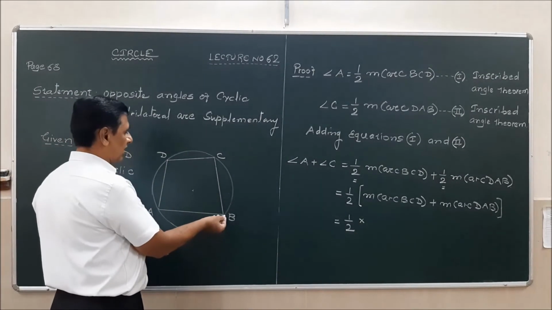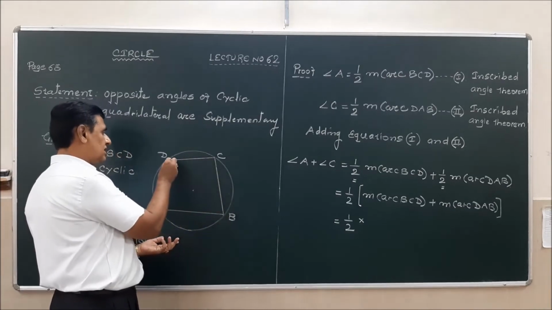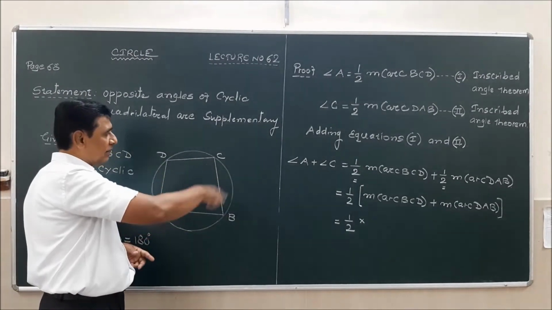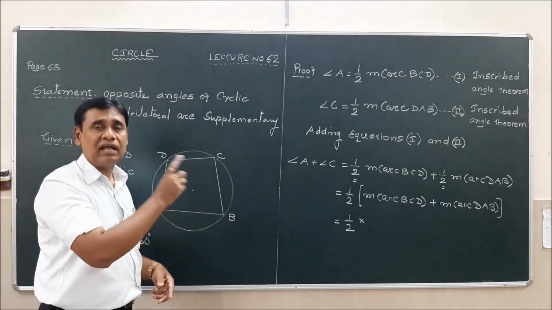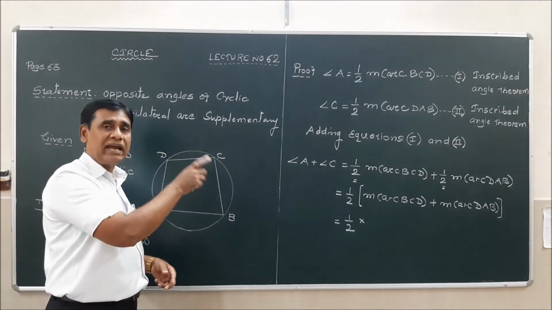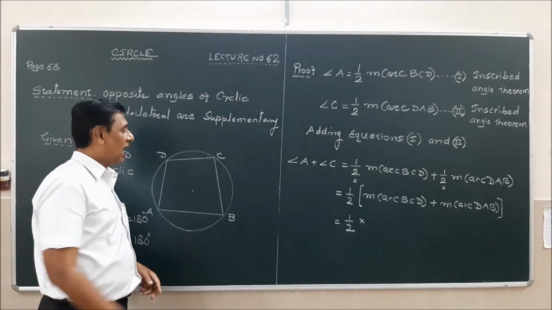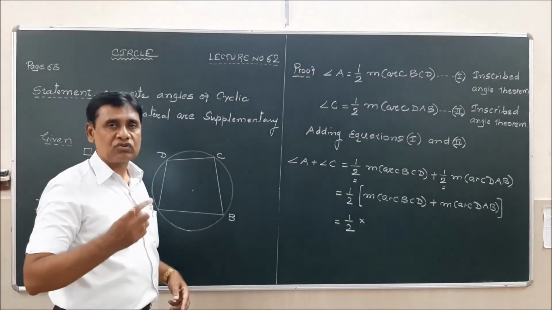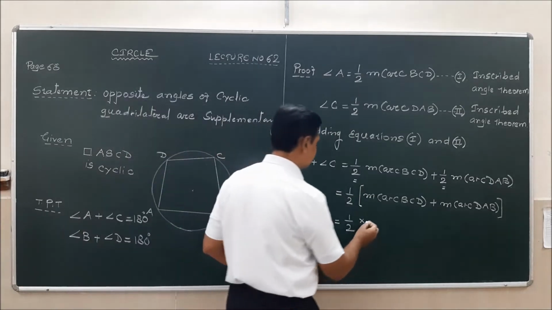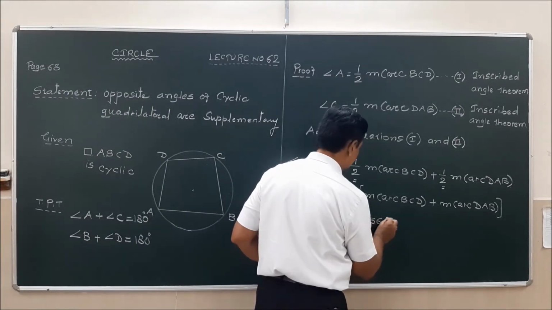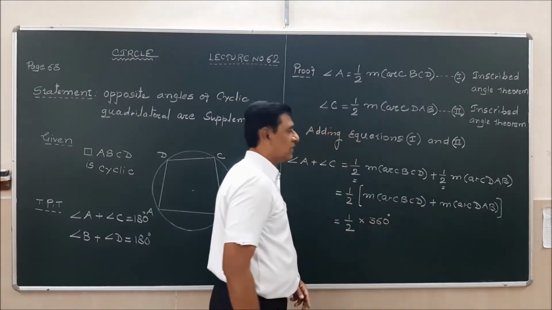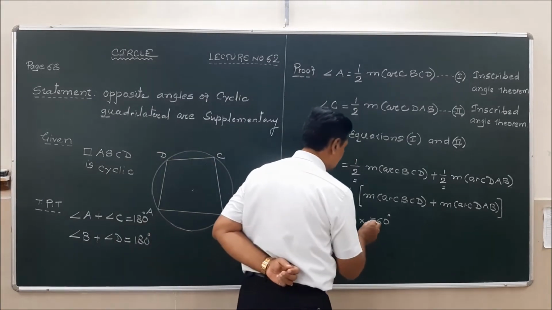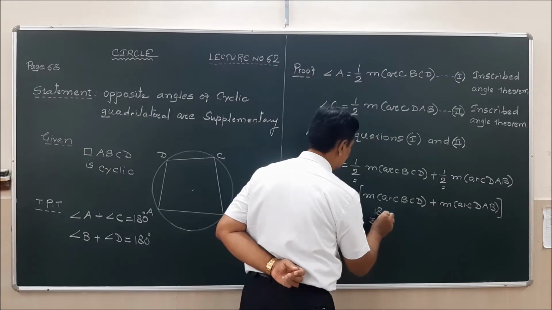Try to understand again. Arc BCD plus arc DA gives us the complete arc, means indirectly we got the complete entire circle. And we will surely find the sum of all arcs of a circle is 360. Okay, so I am going to write 360. So half into 360, let's cancel it. 2 into 180.